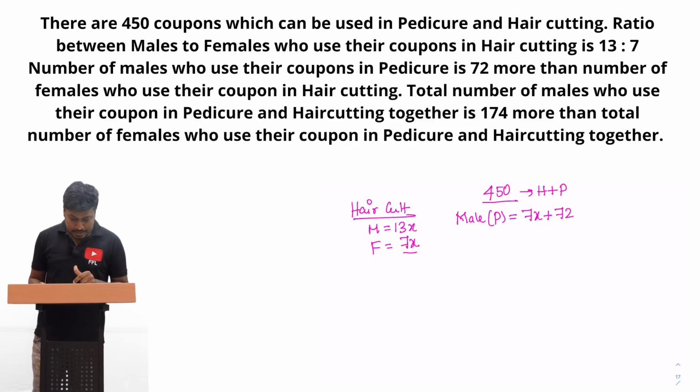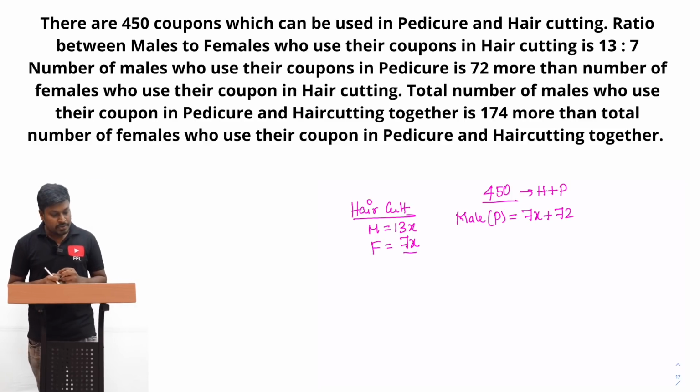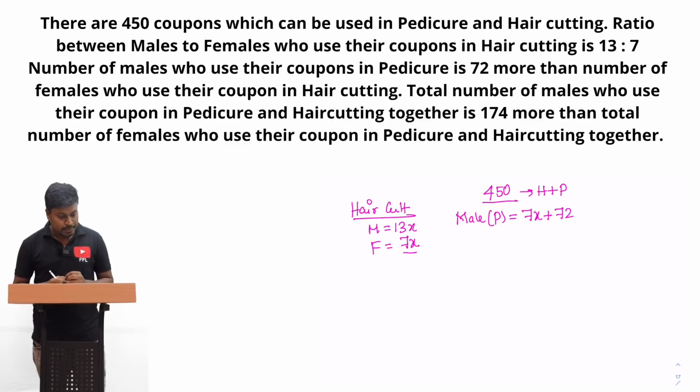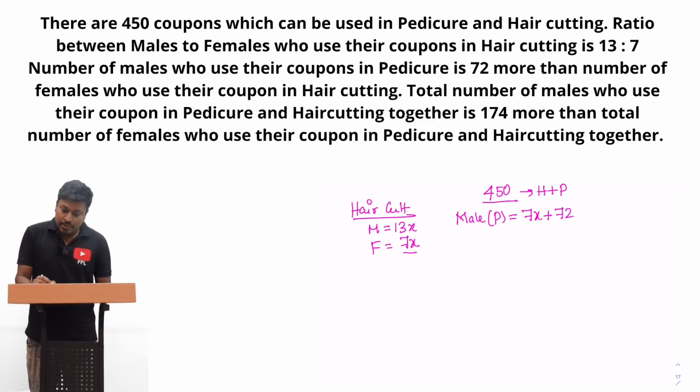Now the next point: the total number of males who use the coupon in pedicure and hair cutting together is 174 more than the total number of females who use their coupon in pedicure and hair cutting together. From this point we can note down one thing. We know the total number of coupons is 450.